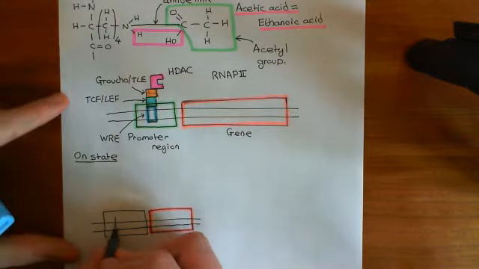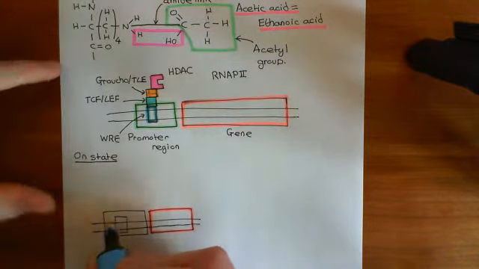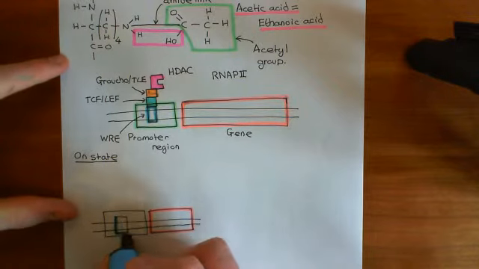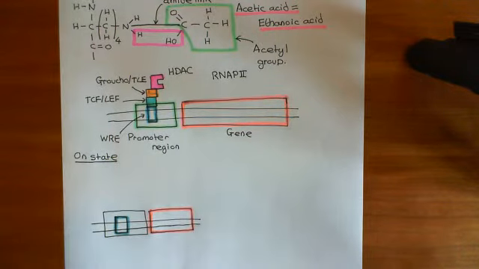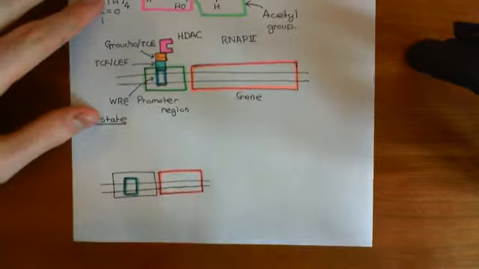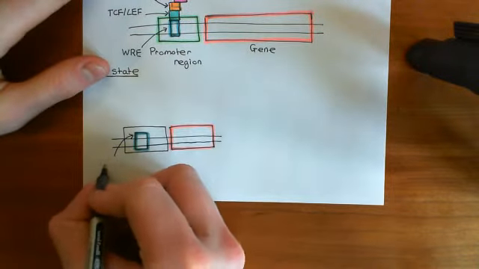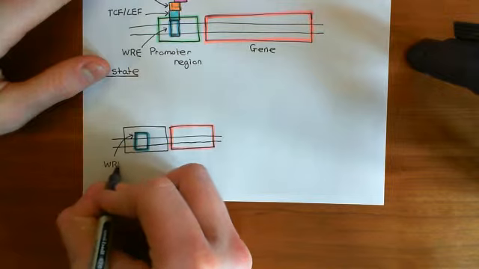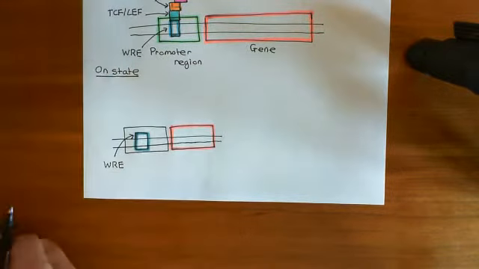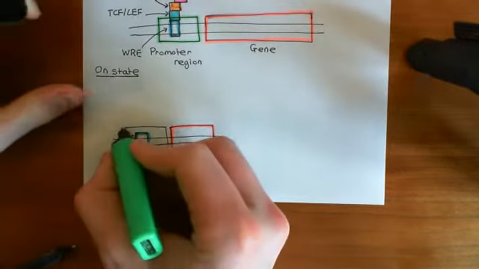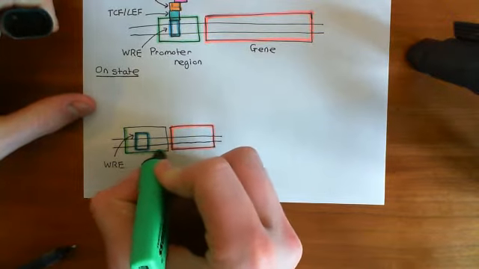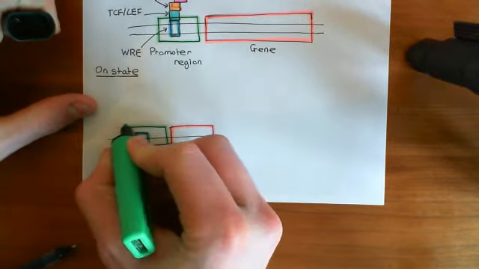So here is that special sequence of 8 organic bases, which is the Wnt response element. In blue here, this is the Wnt response element, which for short is abbreviated to the WRE. Then we have our promoter region here in green.